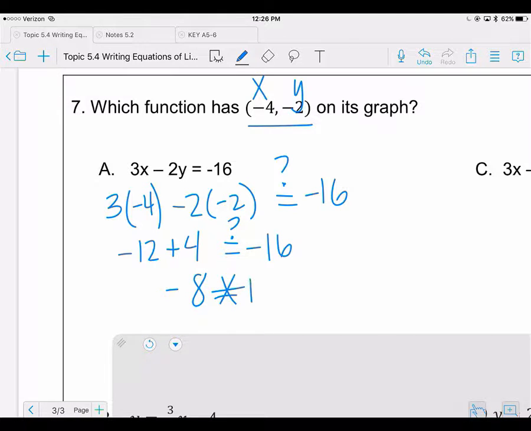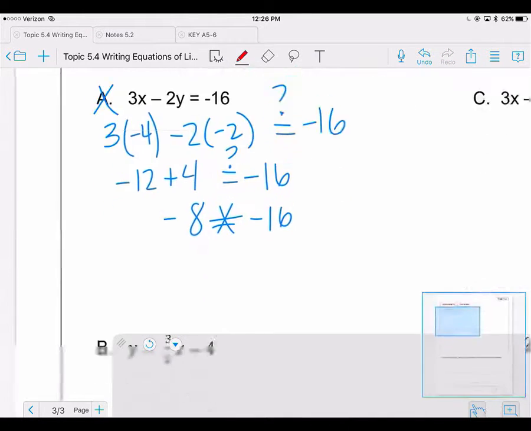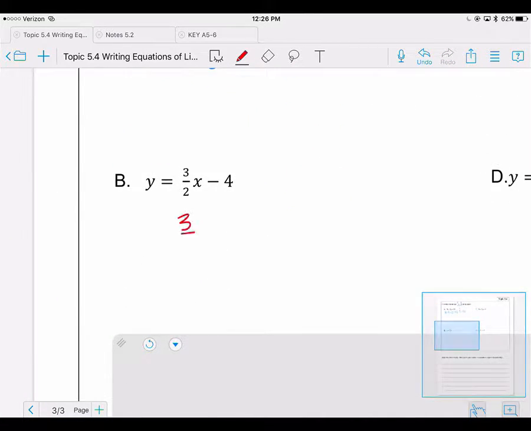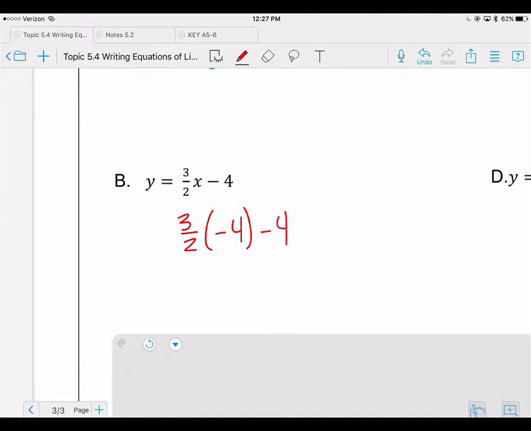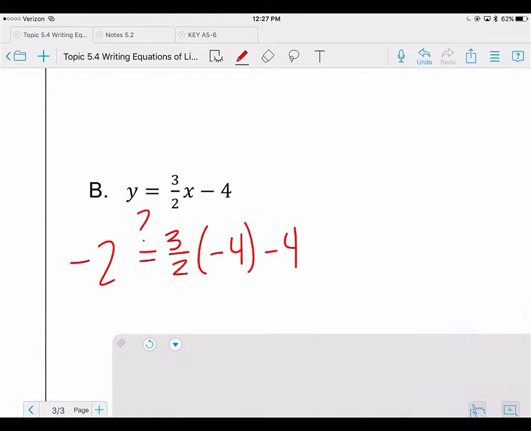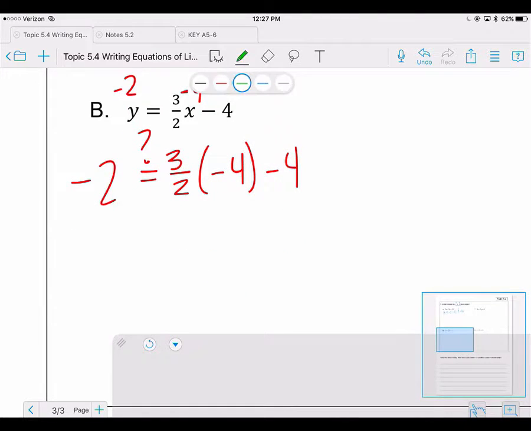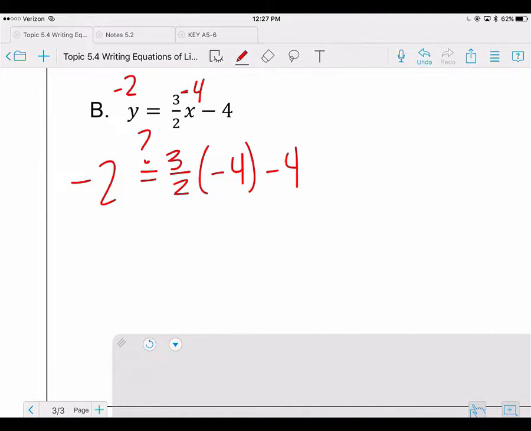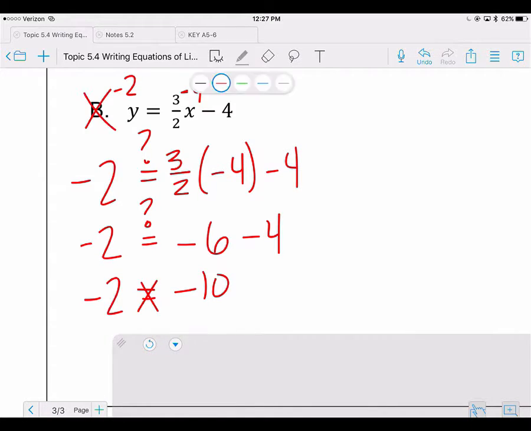Negative 8 does not equal negative 16, so it would not be answer choice A. Answer choice B, if I plug in negative 4 for x, will I get negative 2 for y? So again, I'm plugging in negative 2 here, negative 4 here. 3/2 of negative 4 is negative 6. Negative 6 minus 4 is negative 10, which does not equal negative 2, so it's not B.